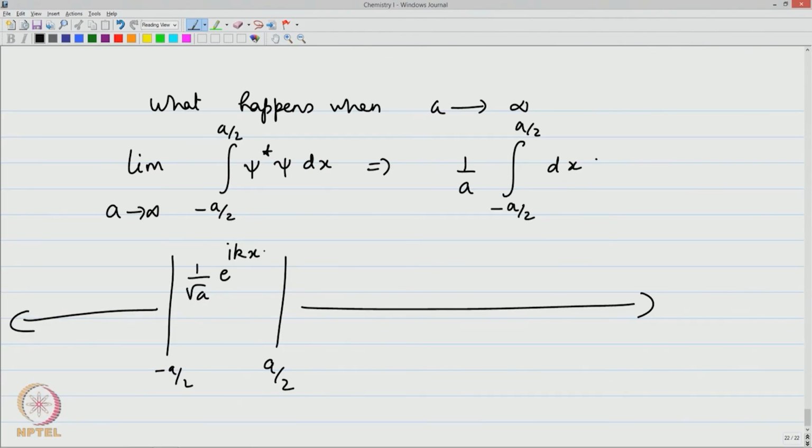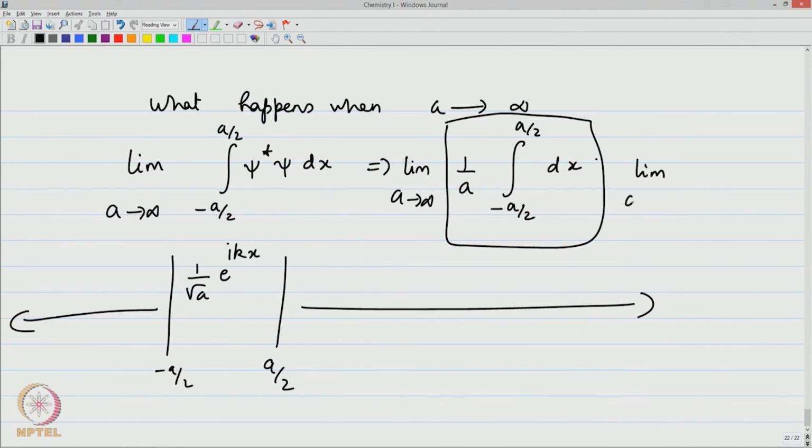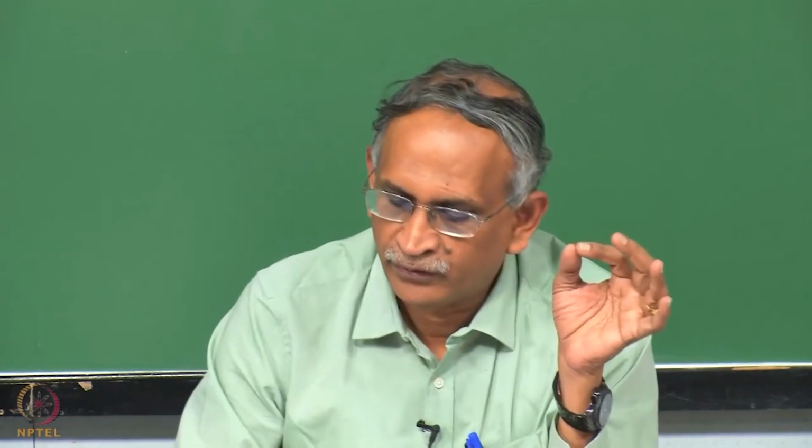You will see that there is no problem with that, because this integral is actually independent of a, because the a gets cancelled out. Therefore, in the limit a tending to infinity, it does not change, it is 1.